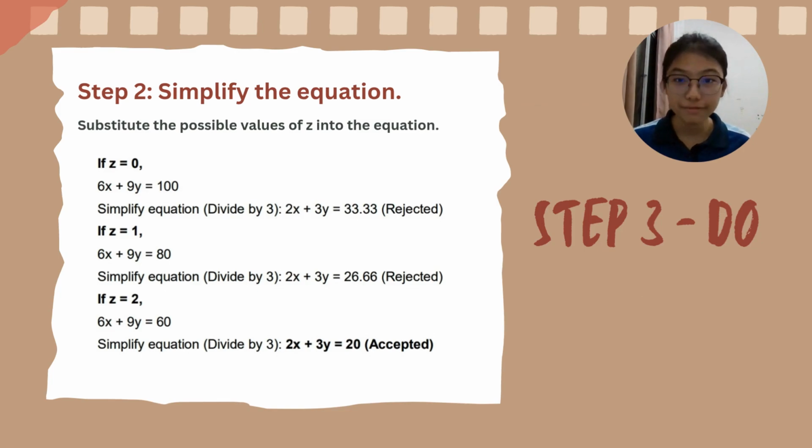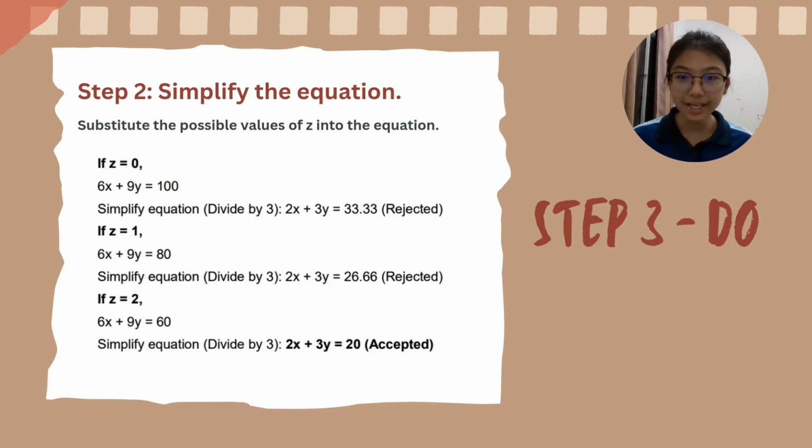The second step is to simplify the equation. The purpose is to find out, after substituting the possible values of z into the equation, whether the new equation is satisfied or not. We substitute from 0 to 5. We can see that when z equals 0 or 1, the equation cannot be divided by 3 fully.